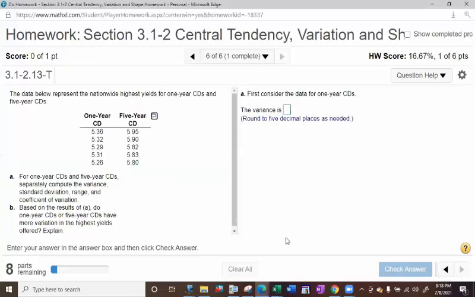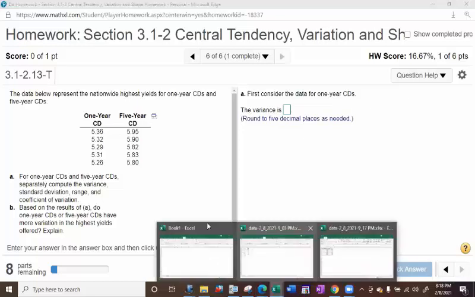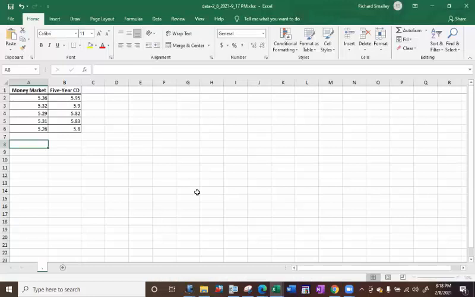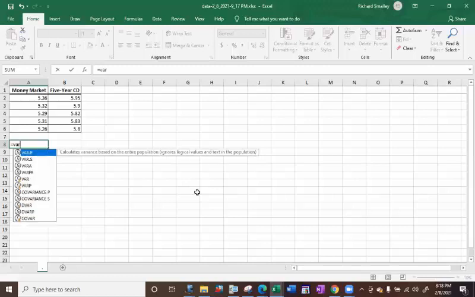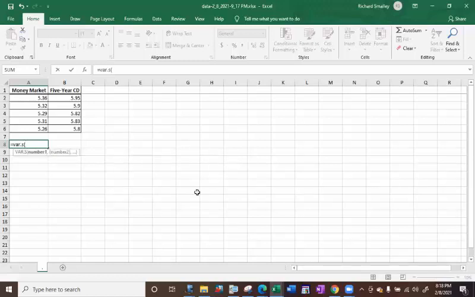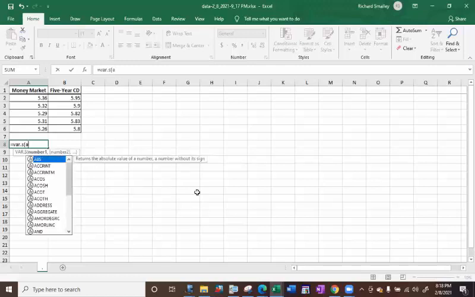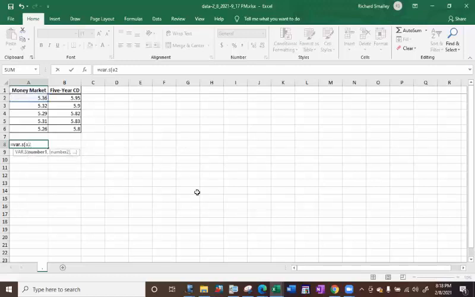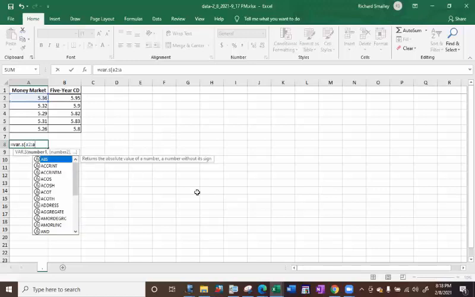Okay, there's a million ways you can do this. But I want to go equal pop. No, I think it's something else. VAR.P. No, S.P will be later. VAR.S of A2 to A6, because obviously A1 is the header.